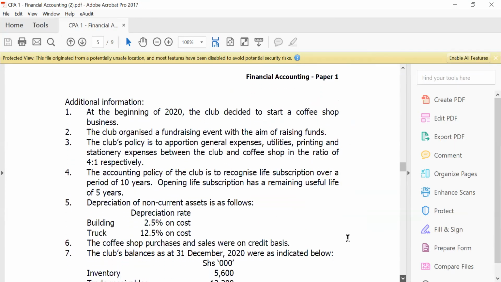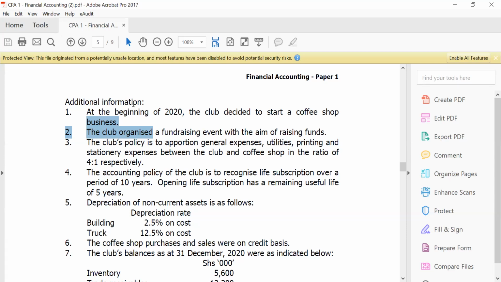Now, when you come here, they give us what we call additional information. So additional information, they are saying, at the beginning of 2020, the club decided to start a coffee shop business.